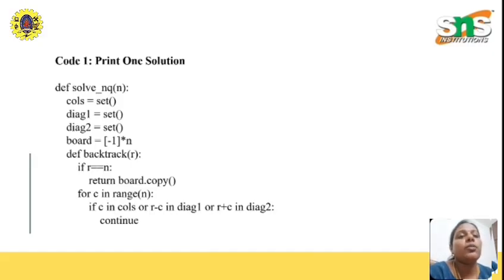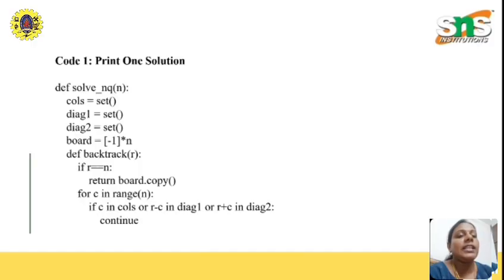Board is equal to minus 1 times N. Minus 1 times N means we have to compare each and every element in that matrix up to N. We have to make the backtracking operation here, because if the comparison is satisfied, we move to the next element and compare it with the previous element.